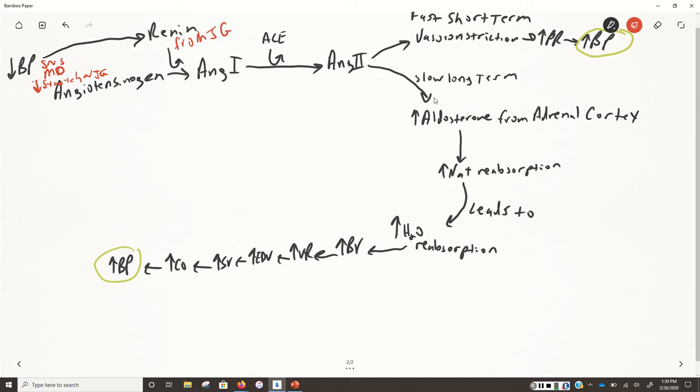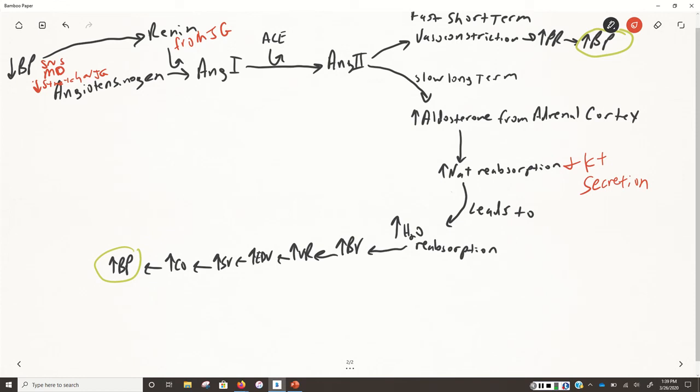Now let's add a little bit more detail over here. Aldosterone from the adrenal cortex actually causes sodium reabsorption and potassium secretion. How can one thing, aldosterone, really efficiently cause both sodium to move one way, reabsorption, and at the same time potassium to move the other way, secretion?